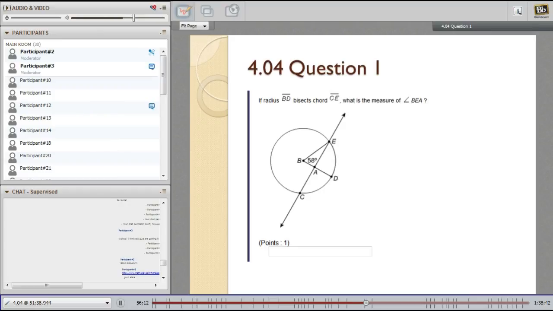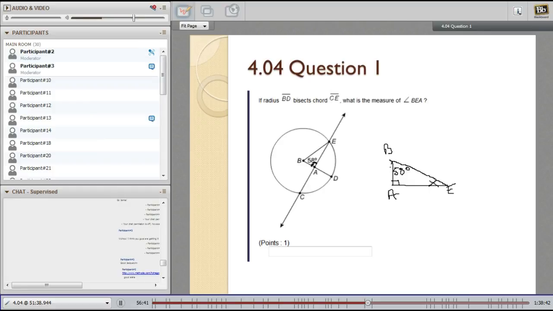Here's B, A, and E. They're telling us that we have a 58-degree measure up here. Remember, if the radius bisects the chord, that means they're perpendicular to each other. So we have a 90-degree angle right here. What is the measure of angle BEA?